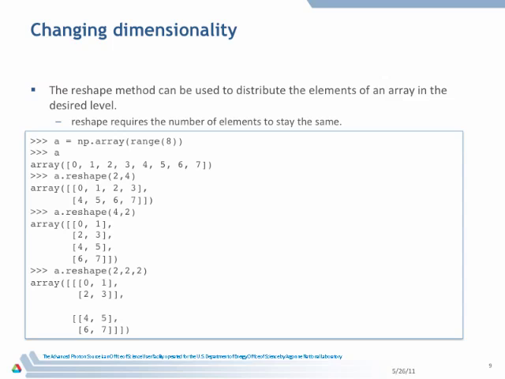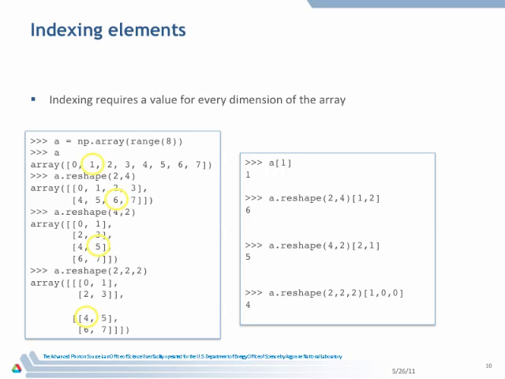Now here's where things get a little bit tricky. I can ask for element 1 of my array. Element 1, of course, is the second element. If I reshape it to be a 2 by 4, I need to use 2 indices to address it.